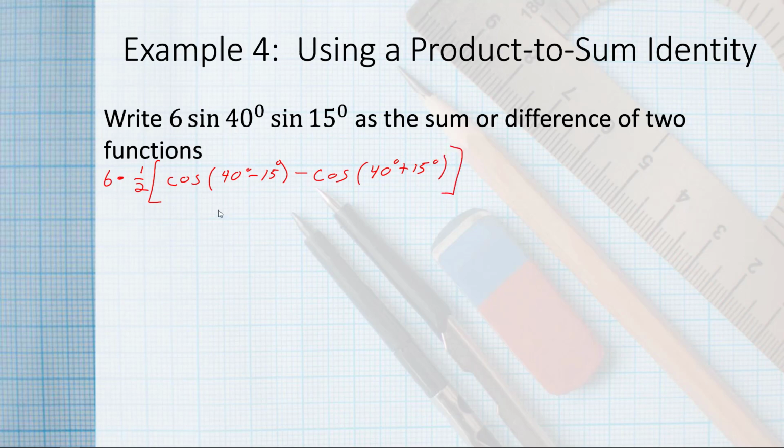We can do some simplification here. First one is a 6 times 1/2. Well, that's just simply 3. Okay. 40 minus 15, that's cosine of 25 degrees. 40 plus 15, well, that's cosine of 55 degrees.